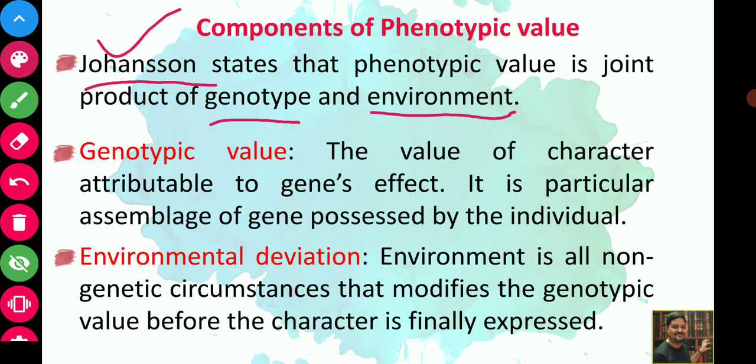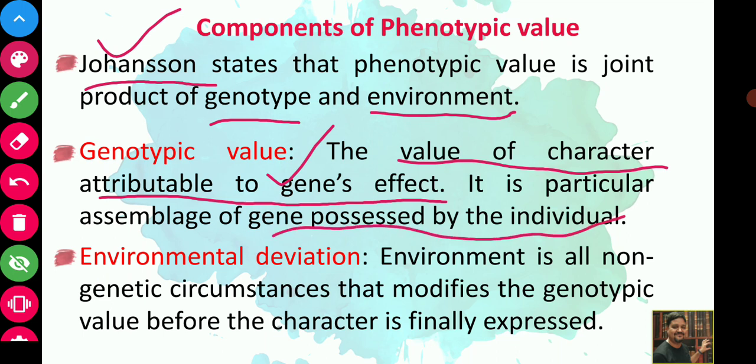So phenotypic value is composed of two parts, the genotype and the environment. So what is genotypic value? Genotypic value is the value of a character attributable to gene effect. It is the particular assemblage of genes possessed by the individual.